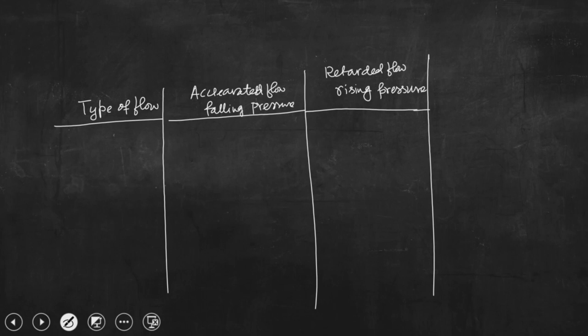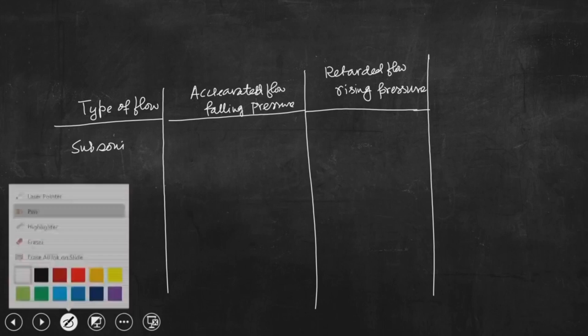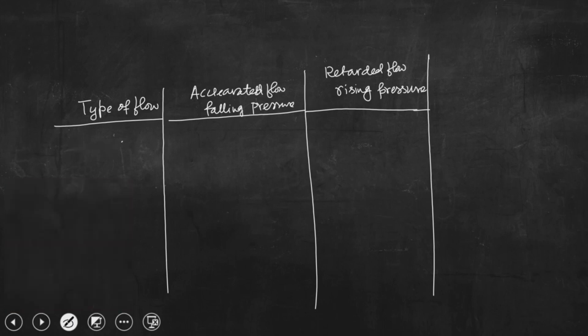So, we can see now type of the flow is say subsonic. Let me write here in another color. So, subsonic flow, that is m less than 1.